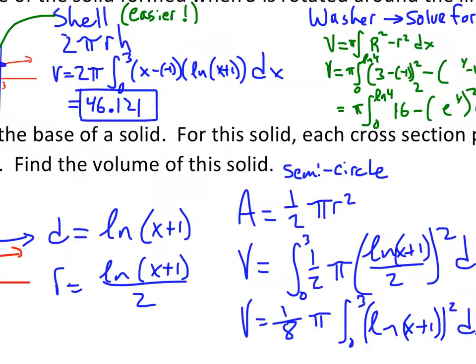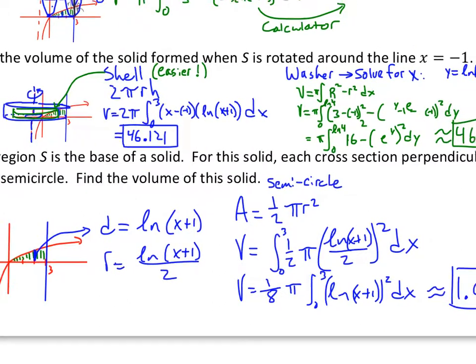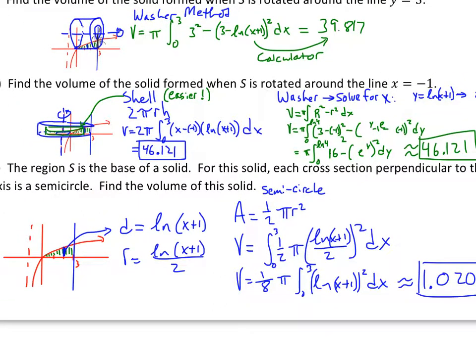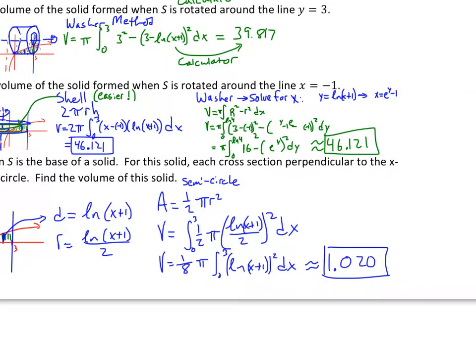Okay, all calculator. If you want to use the washer method, a little more challenging. We've got to solve this for x to use the washer method. It already is solved for y.